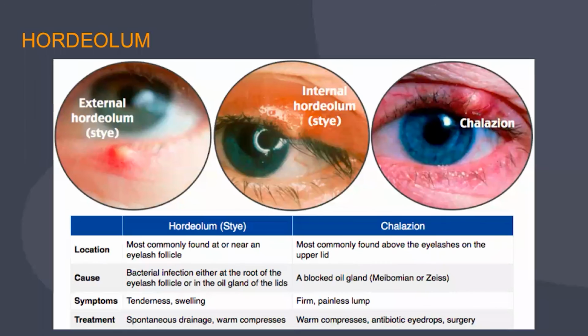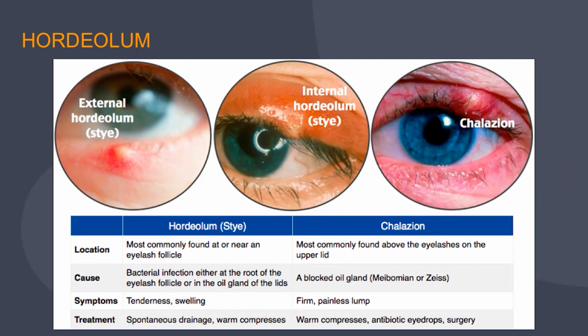So here is a summary of the difference of hordeolum and chalazion. As you can see, the location of hordeolum is most commonly at or near an eyelash follicle, while the chalazion is most commonly found above the eyelashes on the upper lid. And this is the significant difference between chalazion and hordeolum, because hordeolum is caused by a bacterial infection, either at the root of the eyelash follicle or in the oil glands of the lids.